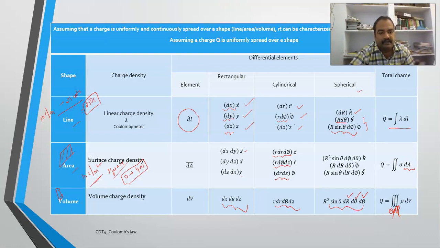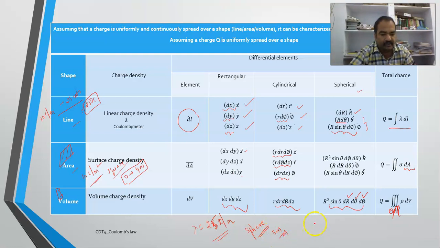Now most of the times they will give you like this. The charge density lambda is equal to 25 coulombs per meter, and it is a sphere of length 5 meters.